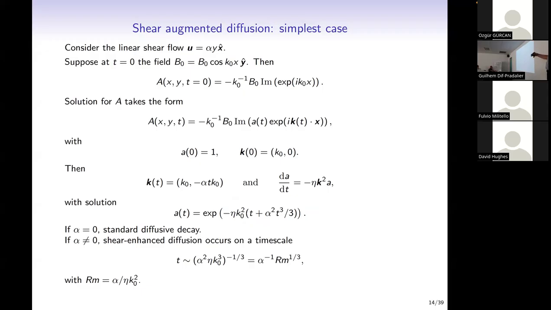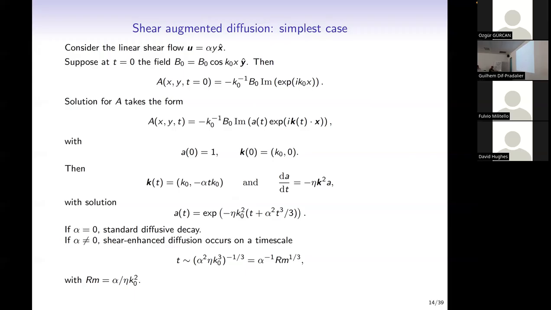Okay, so you're shearing this field, and you can solve the problem exactly. You can solve it by going back to A, B, and you can solve it. Here's the equation, here's the solution for A.